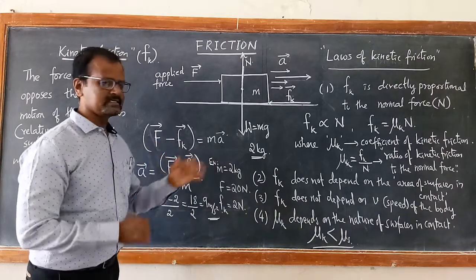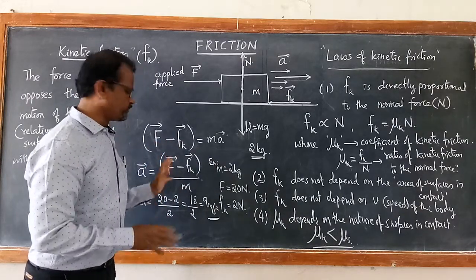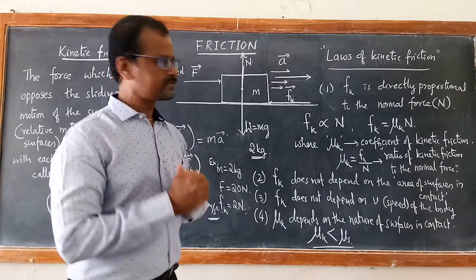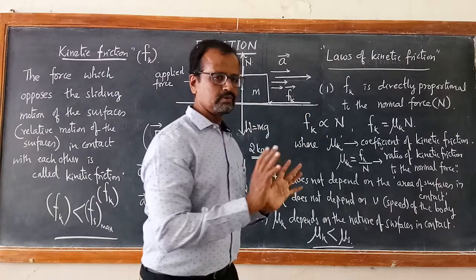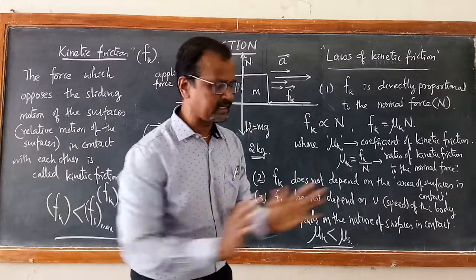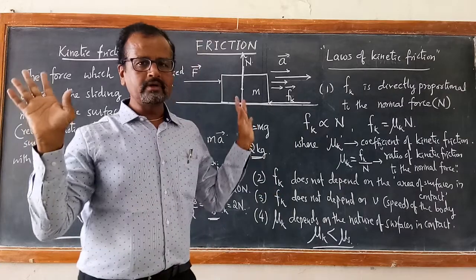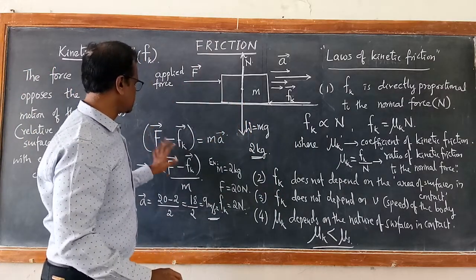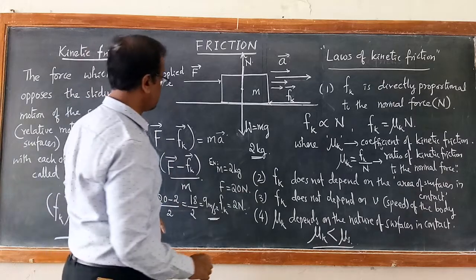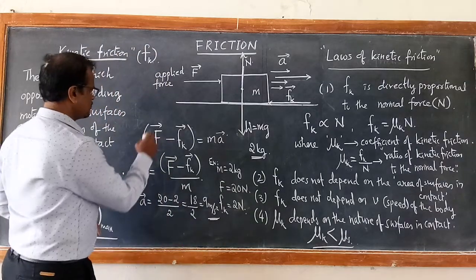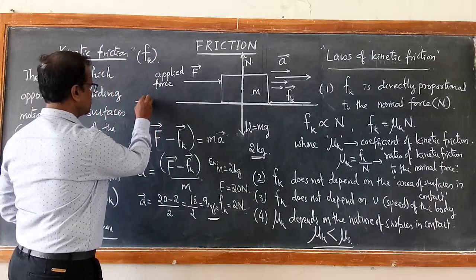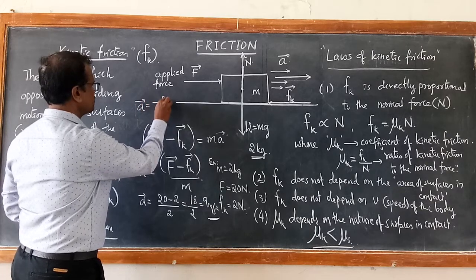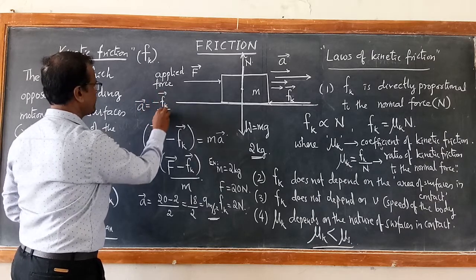Now once the body is set into motion, you have pushed the body, now if you remove the external force, you have not applied any force. Then what happens to acceleration? In absence of external force, the acceleration now becomes a equal to minus Fk by m.